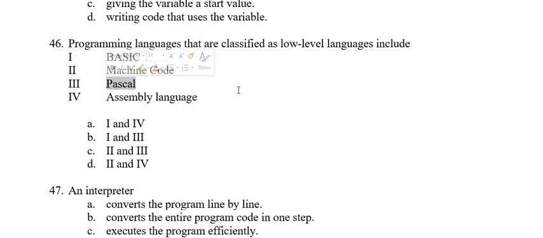Pascal is a high level. So the low levels will be the machine codes and the assembly language. So both of them is it. So the answer for this is D.